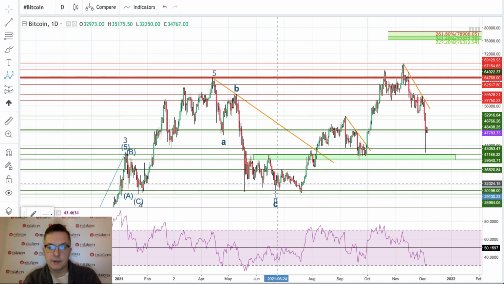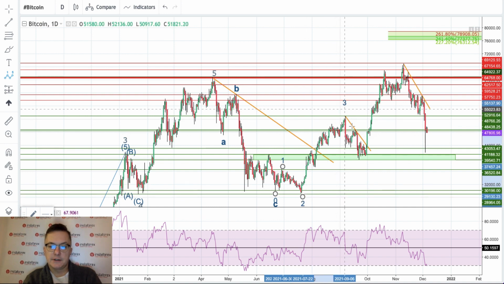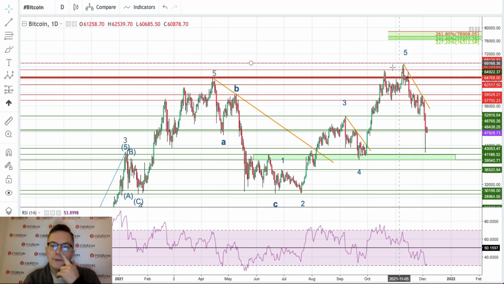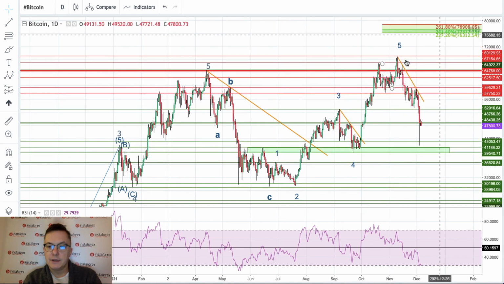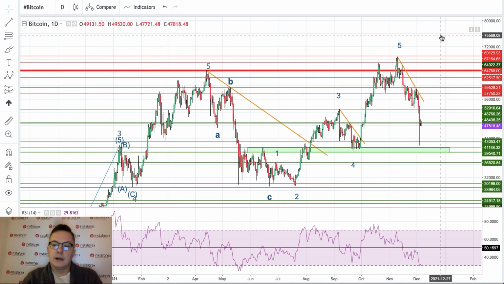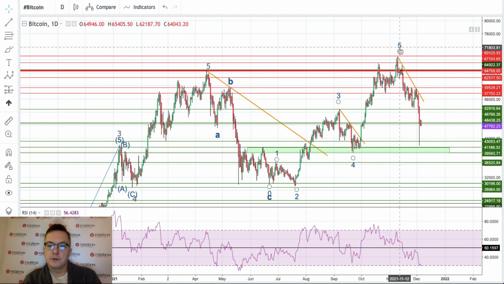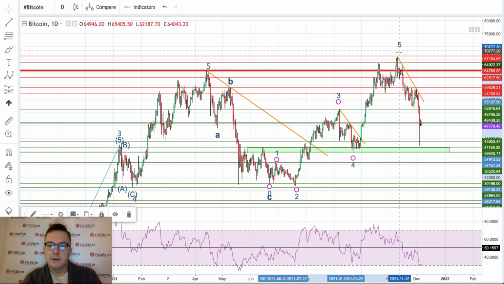Yes, from the lows of here, if this is wave 1, if this is the correction wave 2, if this is wave 3, if that was wave 4, and that actually was wave 5, we have completed the Elliott wave impulsive rally, of course, and right now we are ready to correct even lower.